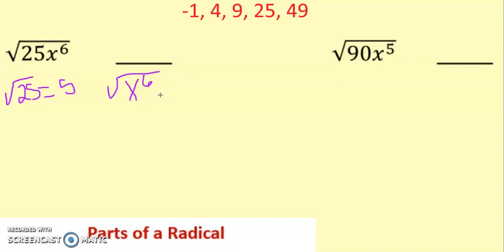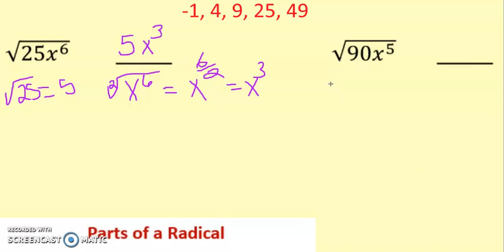The square root of x to the 6th power can be rewritten as x to the 6 over 2 power. We write 2 because it's a square root. There's really an invisible 2 right here. 6 divided by 2 is 3, so we have x to the 3rd power with no remainder. So our simplified radical is not a radical at all. It's just 5x cubed.